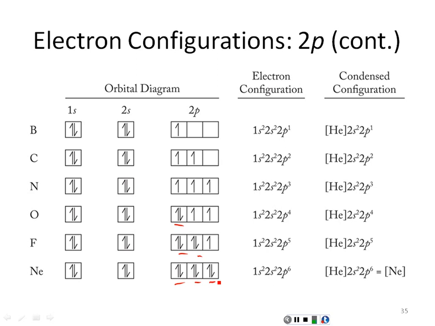And you can see in the condensed configurations, we're just adding one p electron each time. And neon becomes 2s2, 2p6. That is actually a filled shell, so we can just write that as neon in brackets, because neon is in the last column of the periodic table. It's a noble gas.